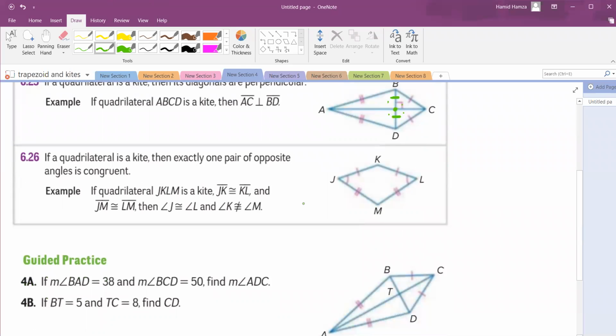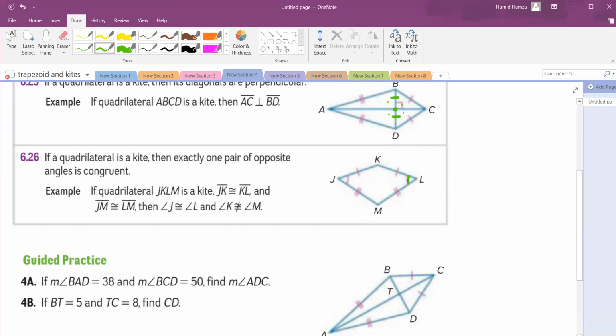Also, the two angles included between the two successive sides, and these two consecutive sides are not equal. So these two angles are congruent.